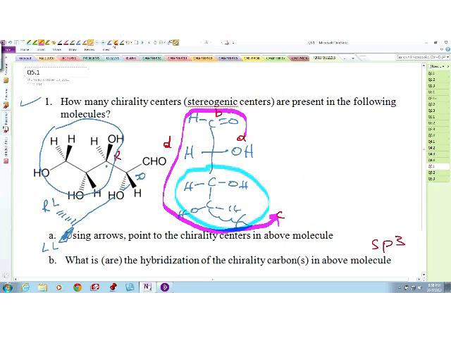That motion is a counterclockwise motion, which is supposed to be S. However, do we switch? Yeah, because the group of lowest priority, in this case hydrogen, is coming at you, so you make a switch.